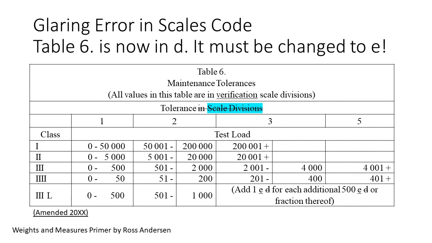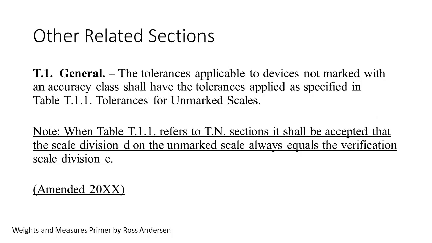There are ripple effects to this change. Manufacturers never declared E for unmarked scales, since E did not exist before 1984. We face a problem as the tolerances for many unmarked scales are found in Table 6 in the TN section.